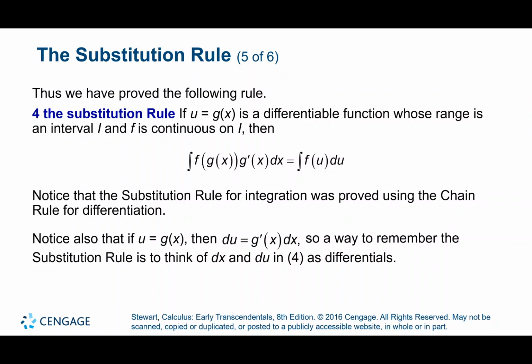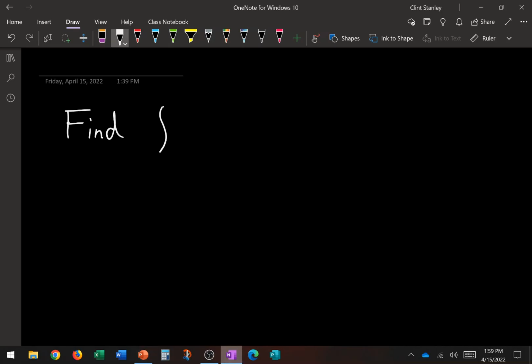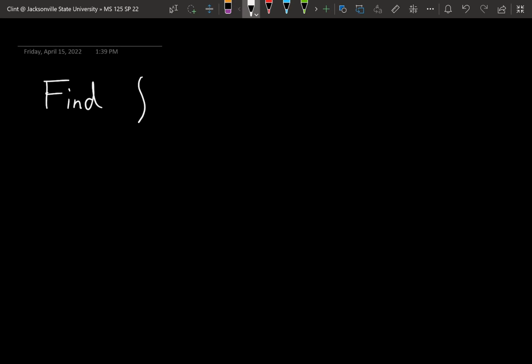So let's do some more examples. Really, the challenging part on these is figuring out what to use for u. And then sometimes making du come out right can be a little tricky, but we're not going to get too crazy with that. So let's see, let's do this one.